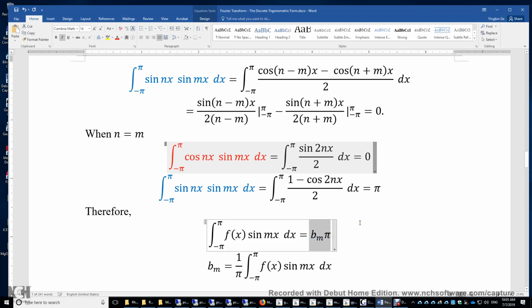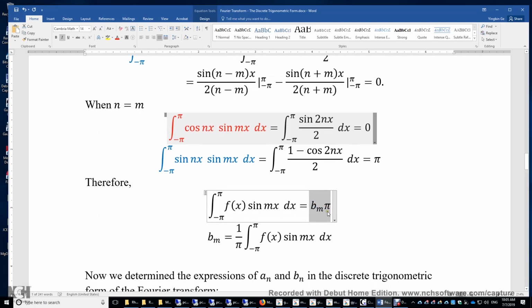Therefore, we determined the expression of b sub m, which is 1 over pi times the integral of f(x) times sine mx dx. So overall, we determined the expression of a sub n and b sub n. I said n, not m, because anyway n and m are dummy variables.